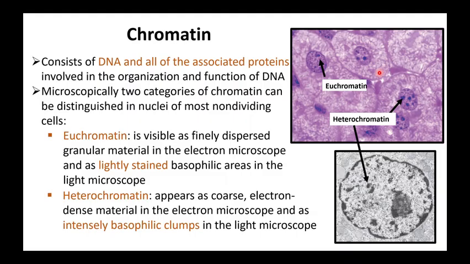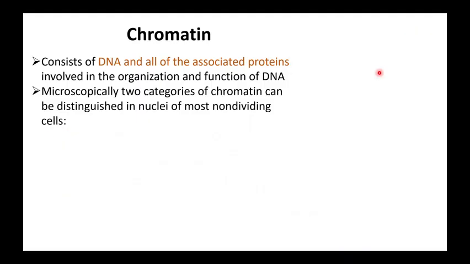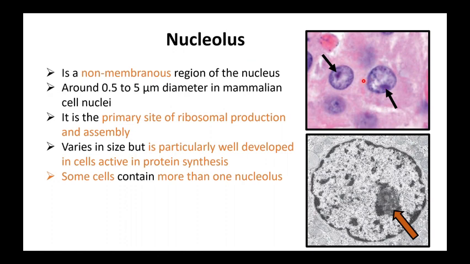So, now let's look at this area there. This is the nucleolus. These areas are also appearing basophilic. Look at this area here and compare it with this area. They are both basophilic, but one is dark and the other one is lightly stained.